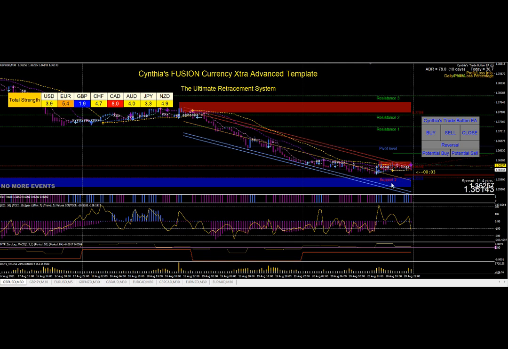And you can see that the double channel is a downtrend, and the golden Bollinger Band trend line is in it.